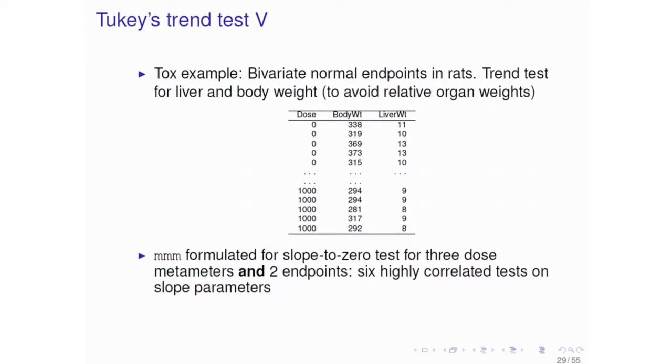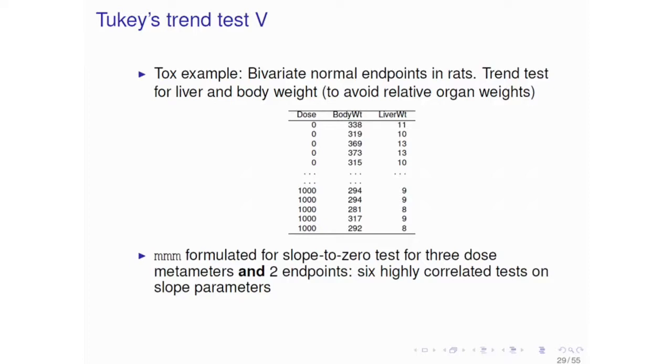This is an example in toxicology. You see we have dose levels. This is a control, several others, and the high dose is 1,000. And each rat has a body weight, and then it will be sacrificed, and the liver weight is also obtained. You see, we have a bivariate, normal distributed endpoint, and we have a quantitative dose.